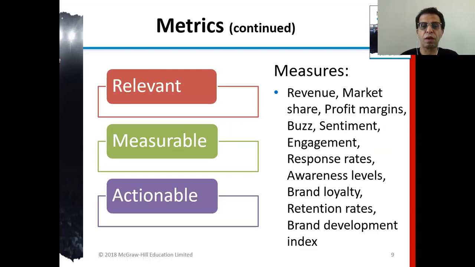So metrics are always made of relevant data, and this relevant data has to be measurable, and once we can measure it, we're able to take action, actionable.